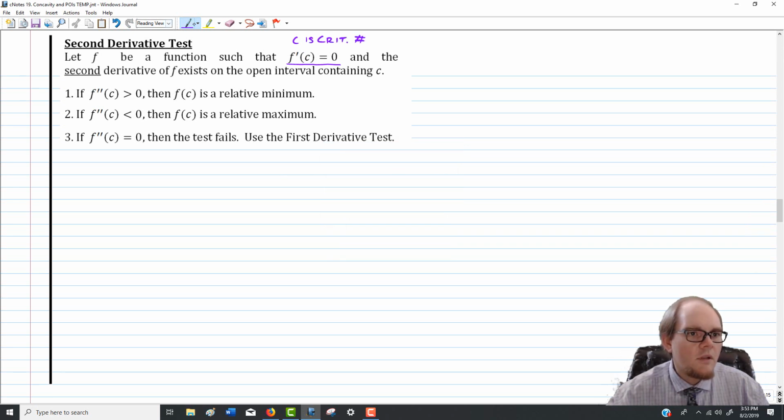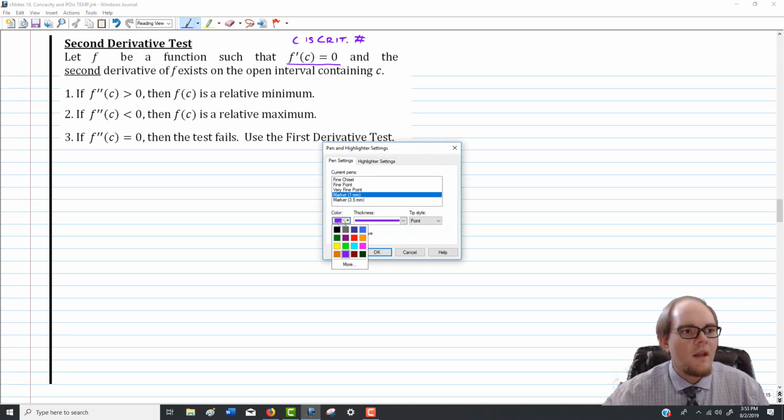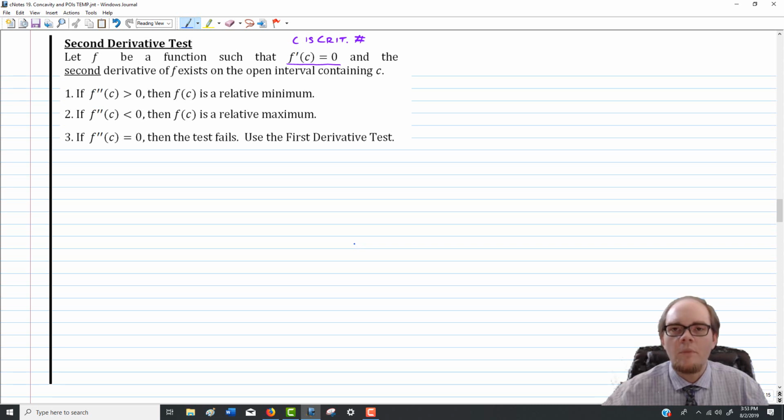So we're at a critical number on the graph of f, and then the second derivative of f exists on that open interval containing c. It doesn't have to exist at c, but it has to exist around c for sure.